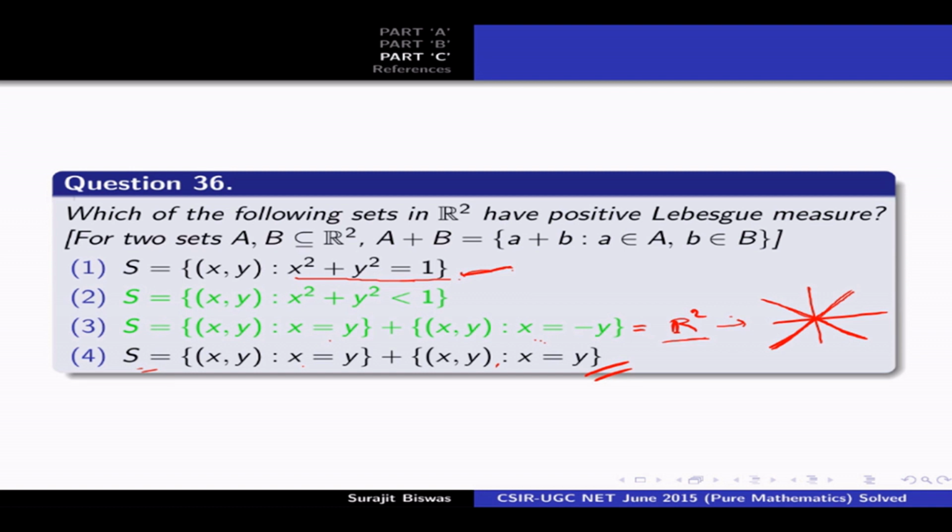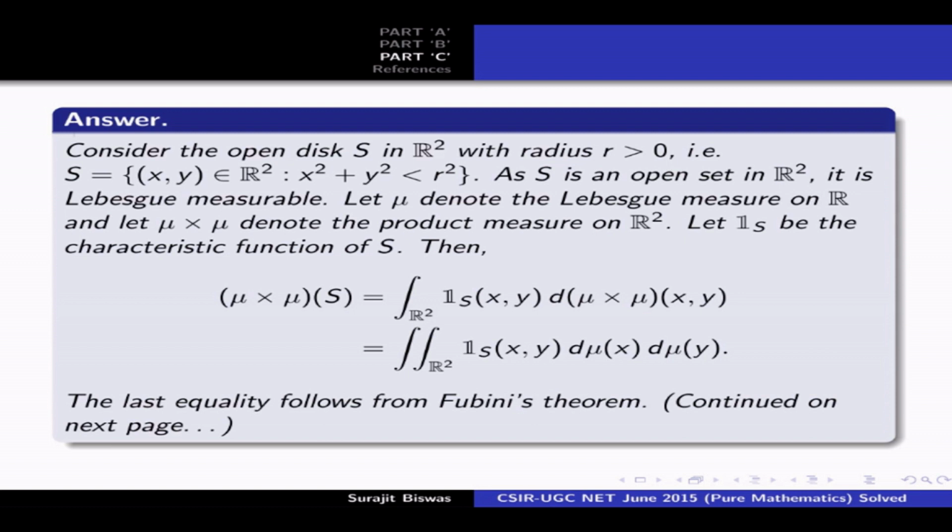Consider the open disk S in R2 with radius r bigger than 0, that is S equal to the set of points such that x square plus y square is less than r square. As S is an open set in R2, it is Lebesgue measurable. Let mu denote the Lebesgue measure on R, and let mu cross mu denote the product measure on R2.